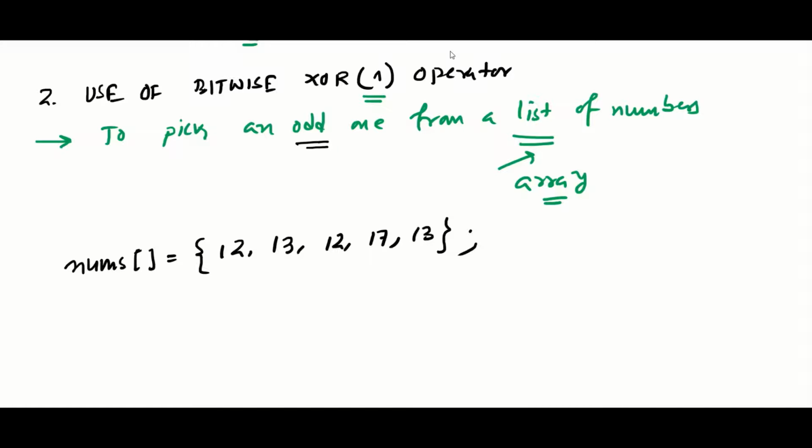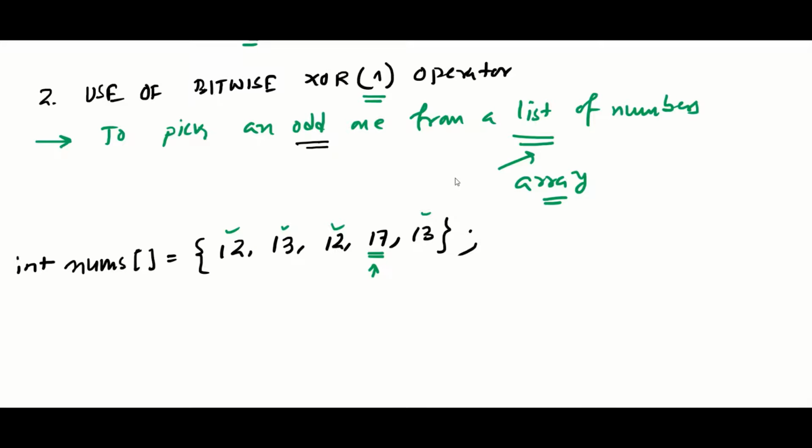We have declared an integer array in C. How many numbers do we have? Here we have 5 numbers. 12 appears 2 times in the array, and 13 is also 2 times, but 17 is not repeated. So we are expecting the result to be 17, by using the XOR operator.